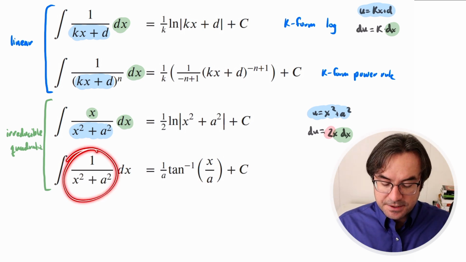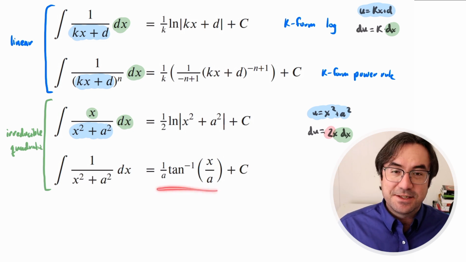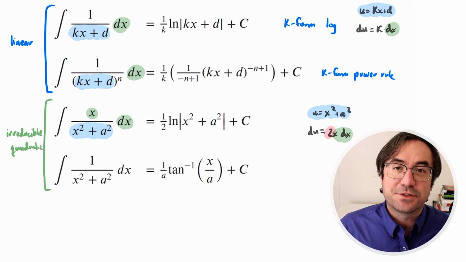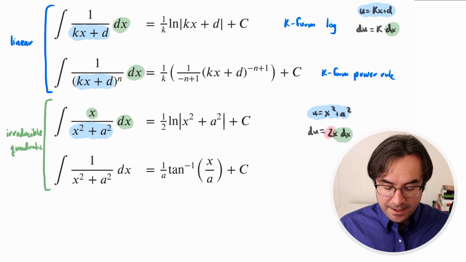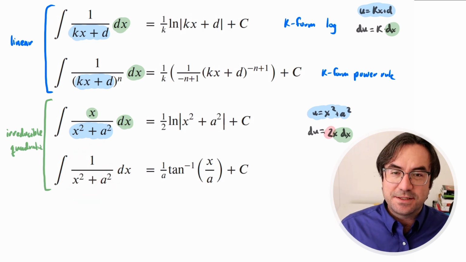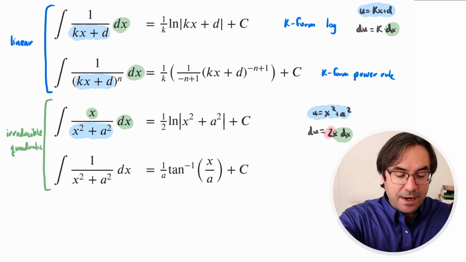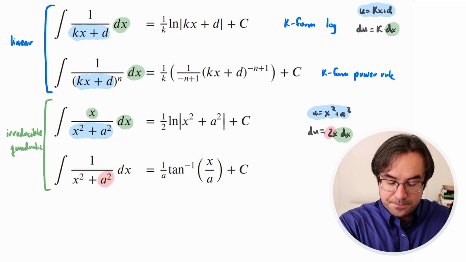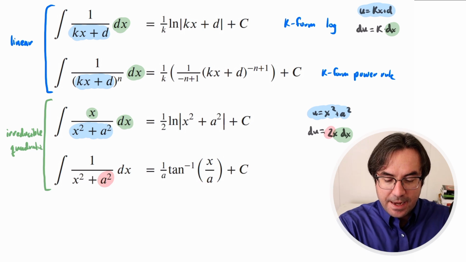Now, the other case where it's just a constant ends up involving our inverse tan function, arctan. In order to get this antiderivative, we have to look at this constant. Whatever constant we have, it's going to be positive, and we're going to take the square root.